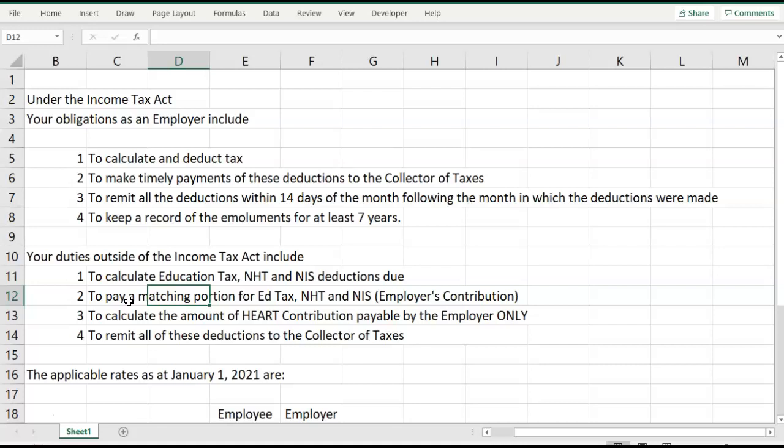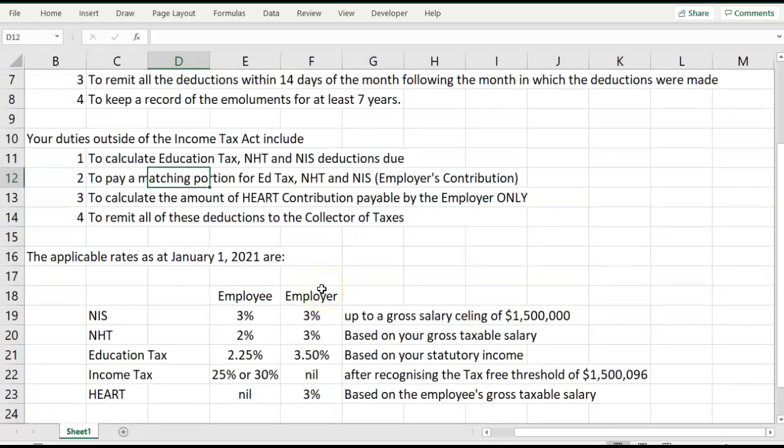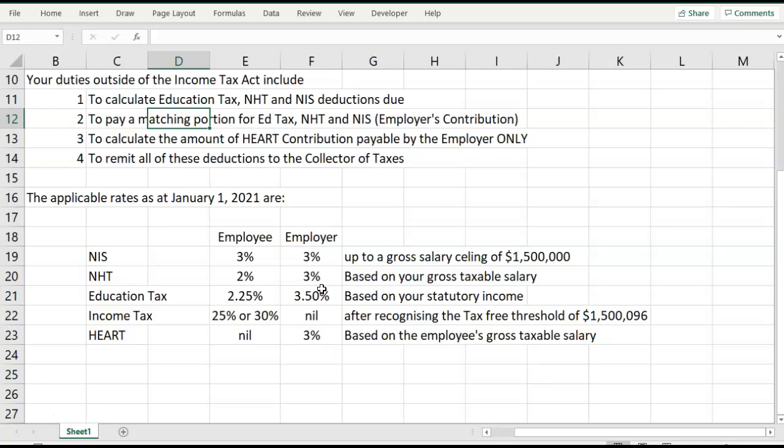Okay, so let's look at what the percentage deductions are. Now, some of these rates change on a regular basis. Some change periodically. But as of New Year's Day, January 1st, 2021, these are the rates. The NIS is 3% to the employee, 3% to the employer.